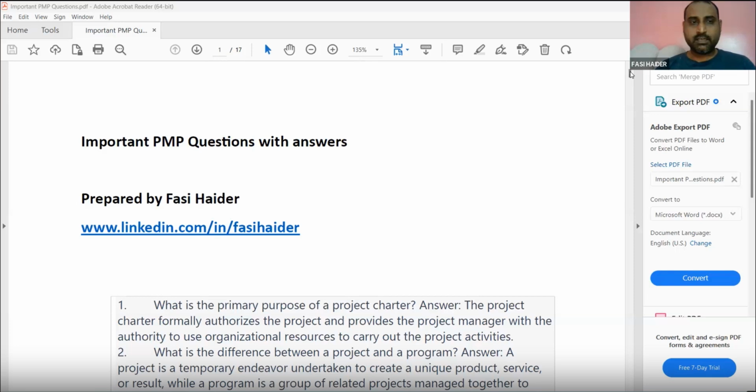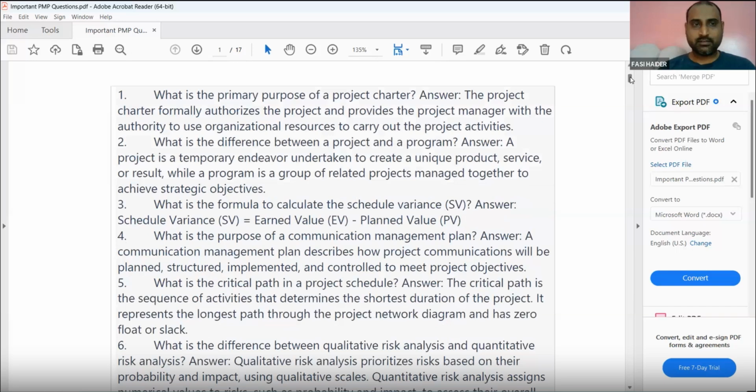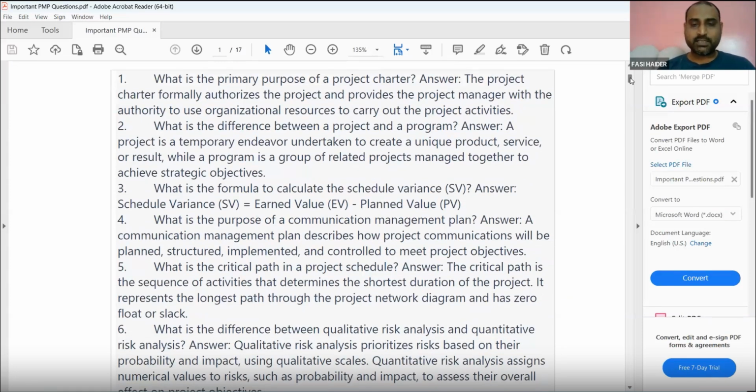So you can see these are the questions, like what is the primary purpose of a project charter? The project charter formally authorizes the project and provides the project manager with the authority to use organizational resources to carry out project activities.